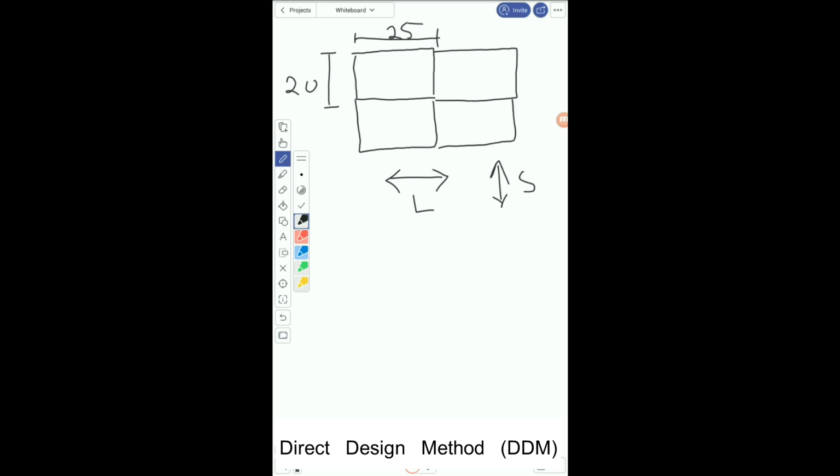Also, in the numerical we have been provided that the beams spanning in the longer direction are 14 cross 28, and the beams spanning in the shorter direction are 12 cross 24.